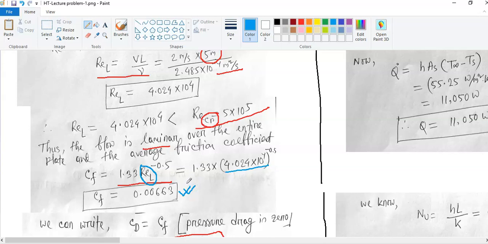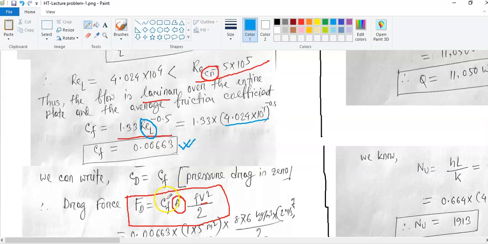So substitute this value here and then you will get the friction coefficient. In your book, you may sometimes see the drag force equal to the drag coefficient CD times A times rho V square over 2, but here I wrote CF.